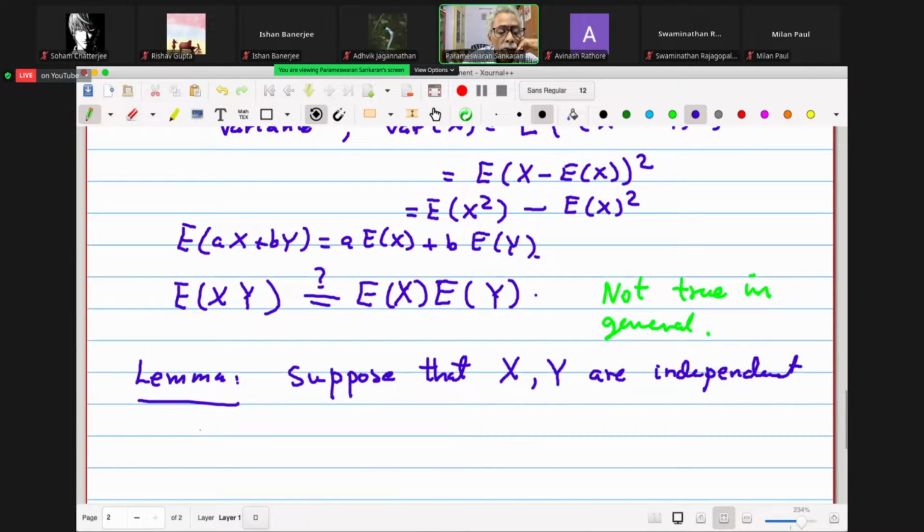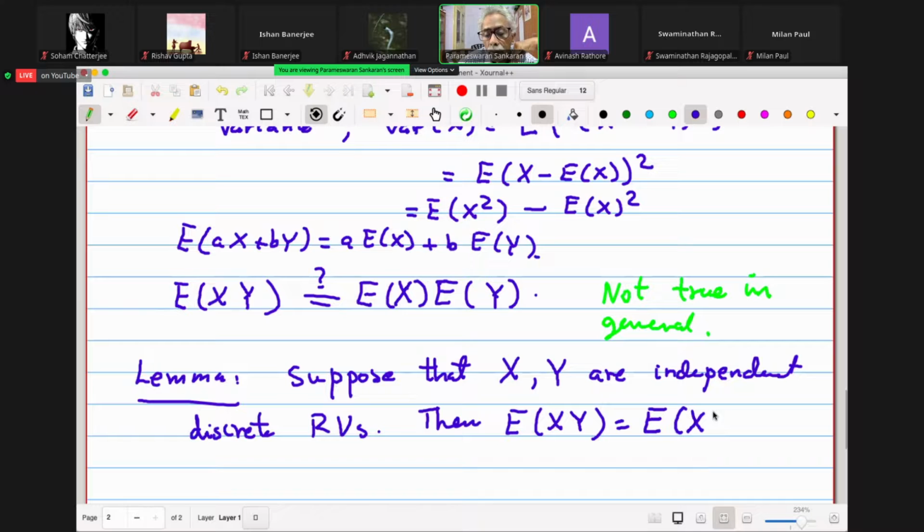At the moment we are only working with discrete random variables. Then expectation of xy is equal to expectation of x times expectation of y.